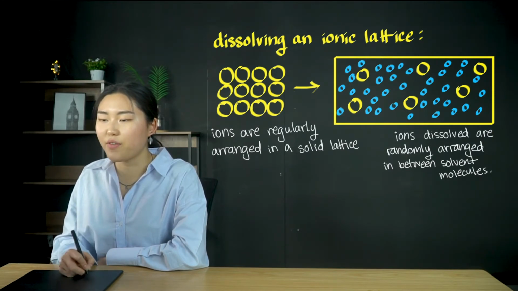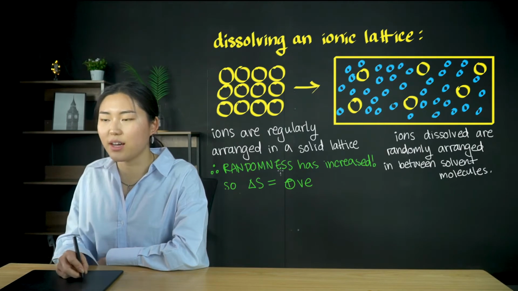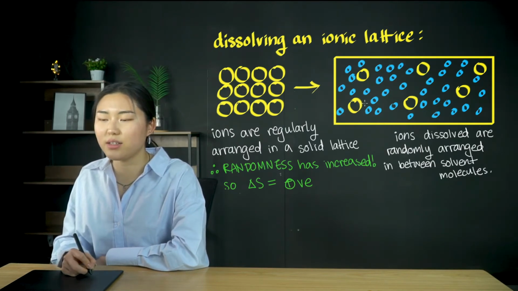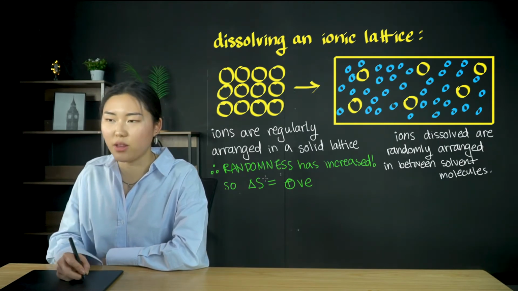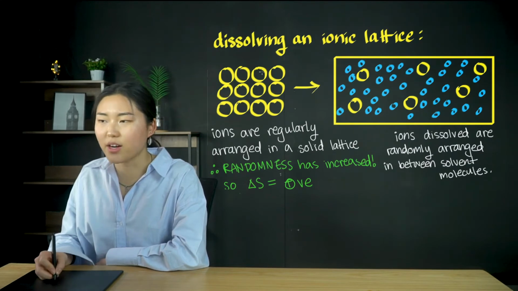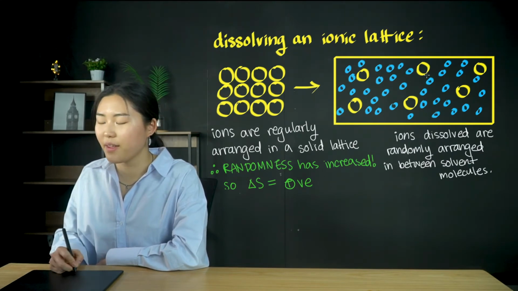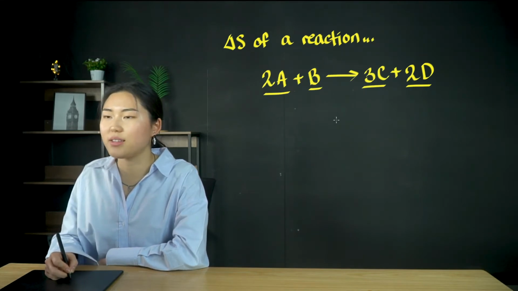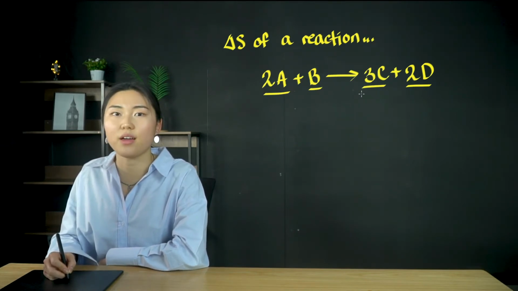So therefore, randomness has increased as we dissolved the ionic lattice. So the delta S, the entropy change, is going to be positive, from a lower entropy value to a higher entropy value. Okay? And now we're going to discuss something called delta S, the entropy change of a reaction.